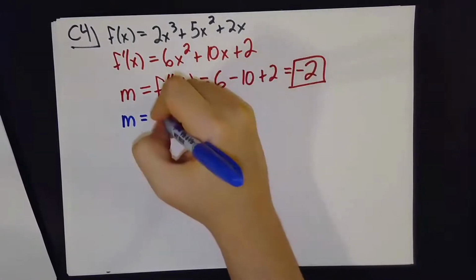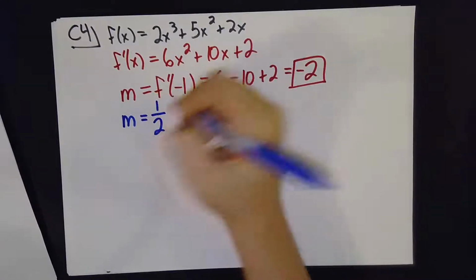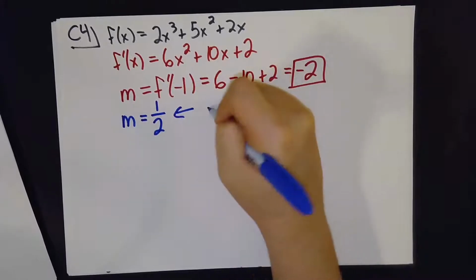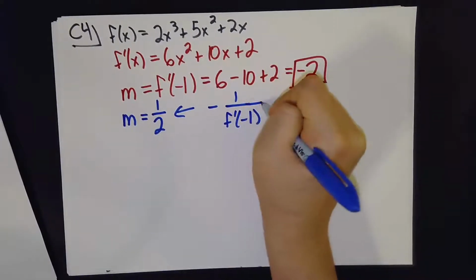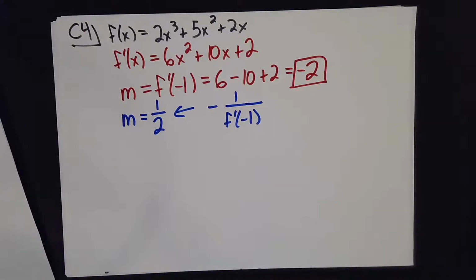So the blue line now has slope 1/2. And I just got that by using the formula that the slope of a perpendicular line is negative the reciprocal of the slope of the first line.